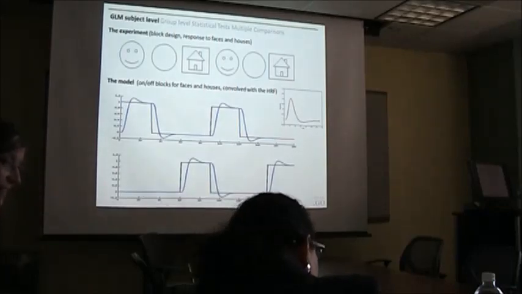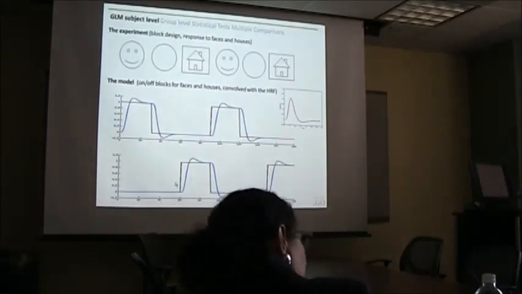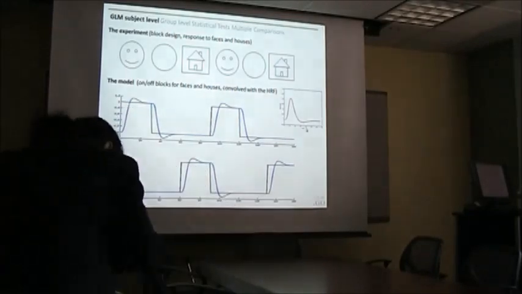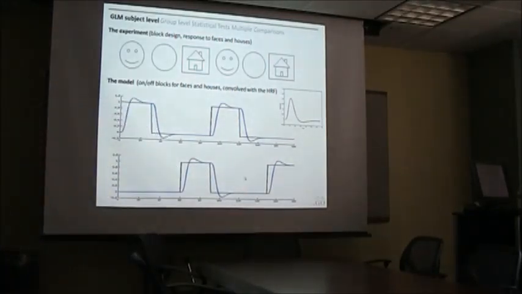You would convolve this model with the HRF to incorporate the delay in your hemodynamic response, and you would end up with something like this. So this is a really simple model. You have this blue line to model the activity related to faces, and this part to model the activity related to houses. And you regard the rest maybe as just fixation or a baseline condition.